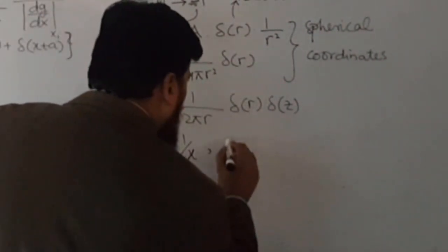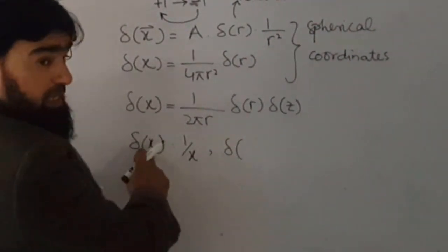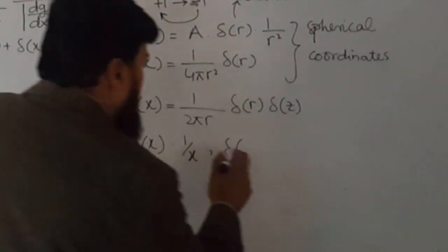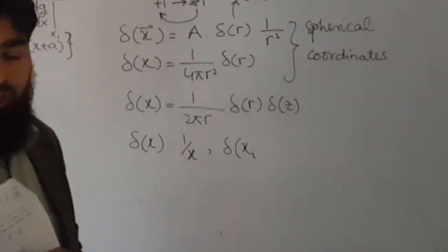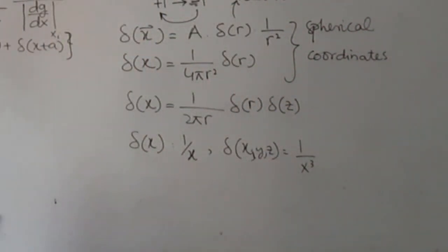And if it is delta, and how should I differentiate, let's say if this one is the x variable, and now I say this is xi, like x1, x2, x3 means x, y, z. Or I write this like x, y, z, then it will be 1 over x cube dimension, 1 over volume dimension.